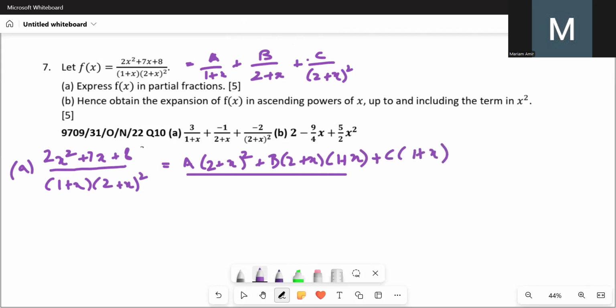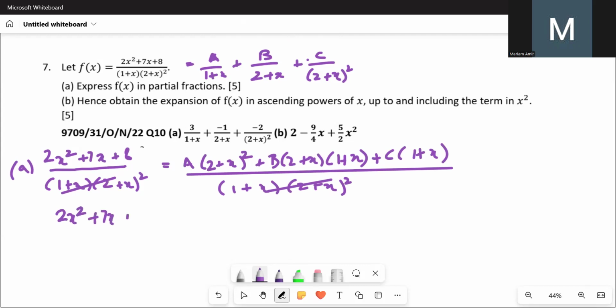The denominator would now be the same as the left-hand side, the lowest common denominator. Cancelling the denominators on both sides, we end up with 2x squared plus 7x plus 8 equals a times (2 plus x) whole squared plus b times (2 plus x)(1 plus x) plus c times (1 plus x).